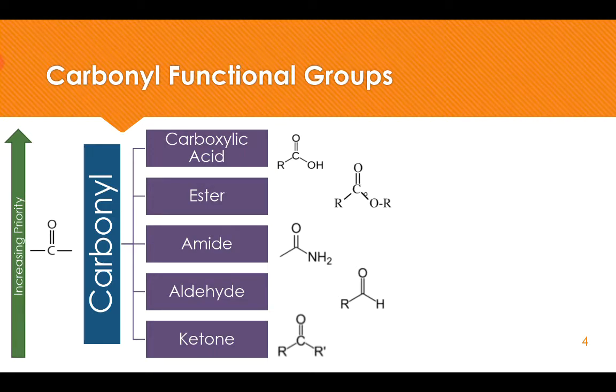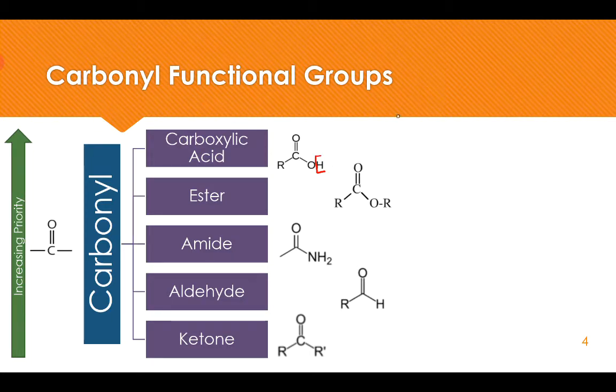Some students think that this looks kind of like an ether, but it's not an ether because it's attached to the same carbon as this C double bond O. A carboxylic acid has what looks like an alcohol attached to the C double bond O. This OH here makes this an acidic group because the hydrogen here can detach from the oxygen way more easily than this H can from that carbon. So this H can detach in solution, making this functional group acidic.